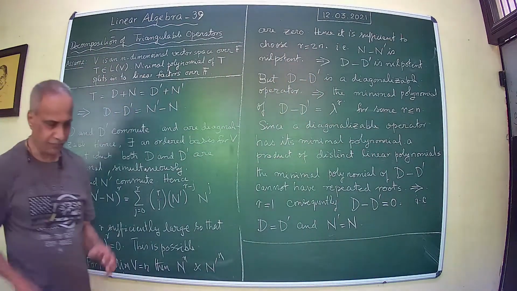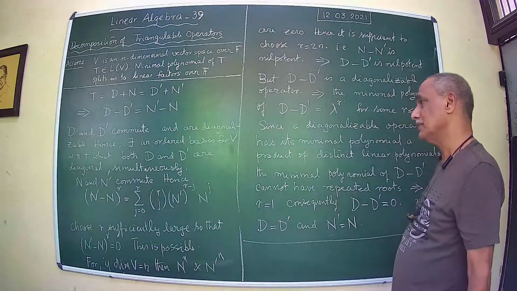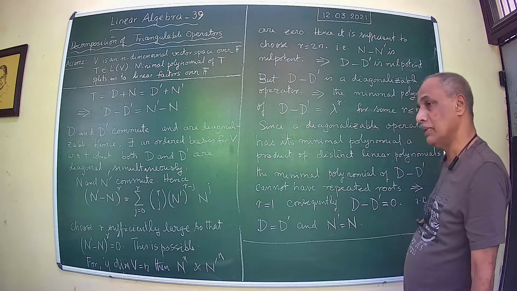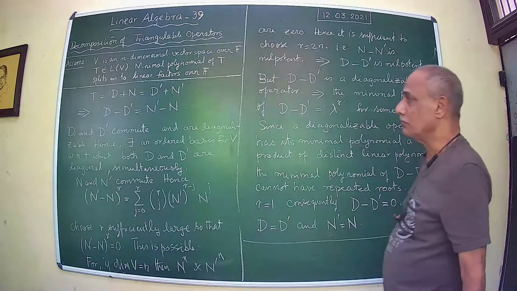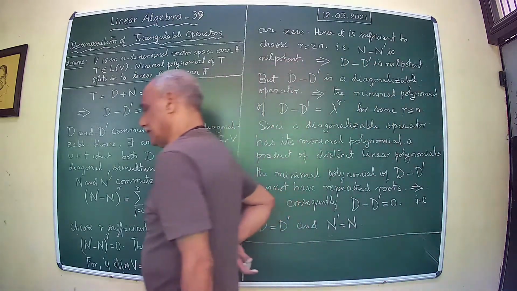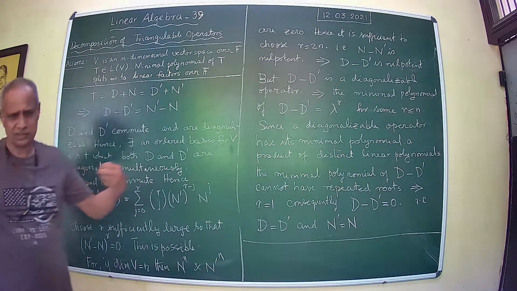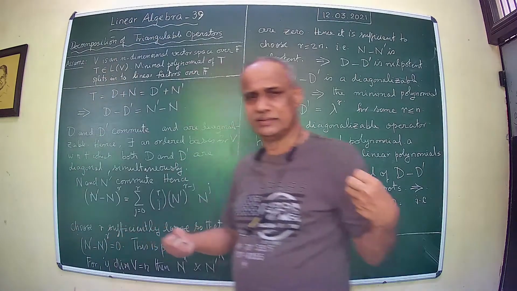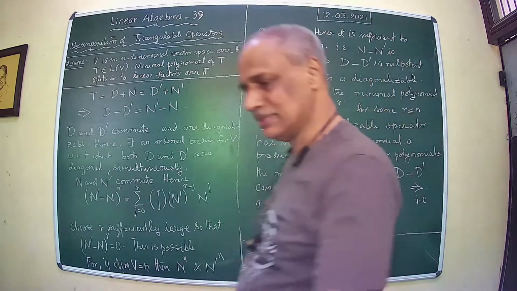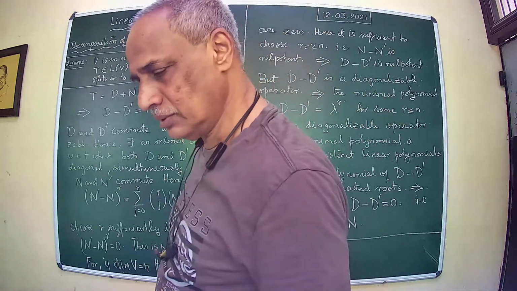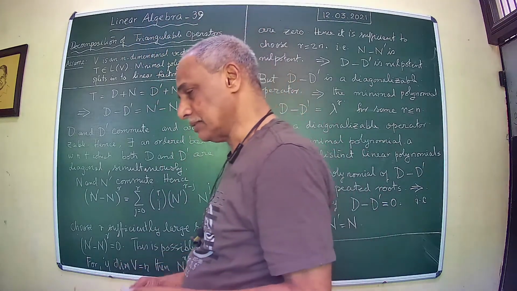So every operator of this type, having minimal polynomial a product of linear factors, is of the form D plus N, where D is diagonal and N is nilpotent. You can pull out a diagonal part from it, and what is left is something nilpotent. We shall have a look at some examples, which give you some insight into the problem.